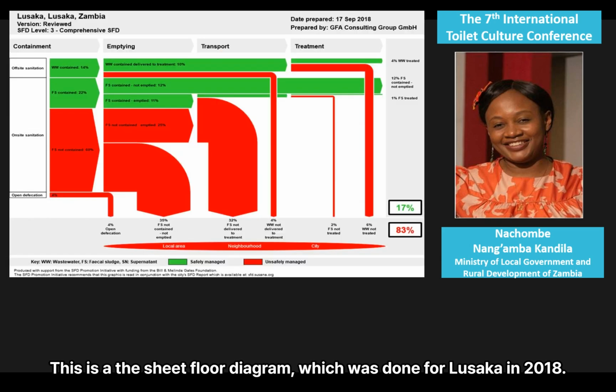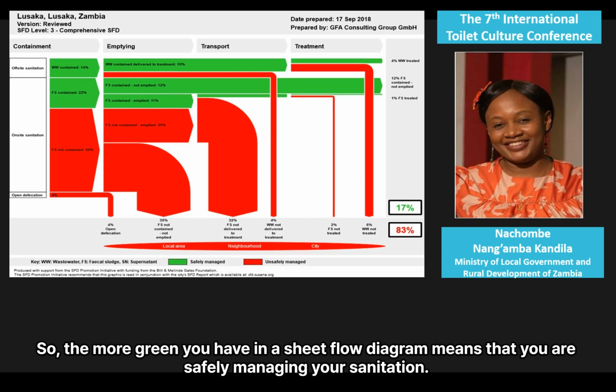This is the sheet flow diagram which was done for Lusaka in 2018. The more green you have in a sheet flow diagram, the more it means you are safely managing your sanitation.